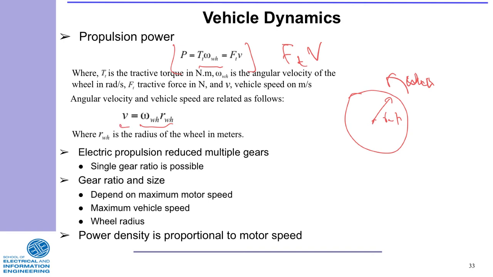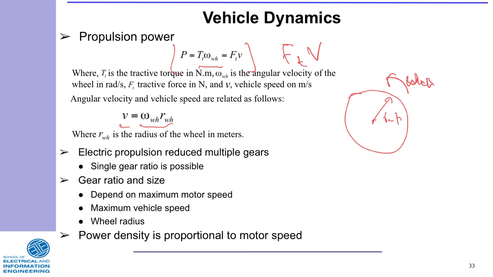And you can already see that the bigger the radius, for the same angular speed, the faster the vehicle can be made to move. And no wonder sports cars have bigger radius wheels. Small cars, Picantos and so on, have very small wheel radius because they are not fast cars.